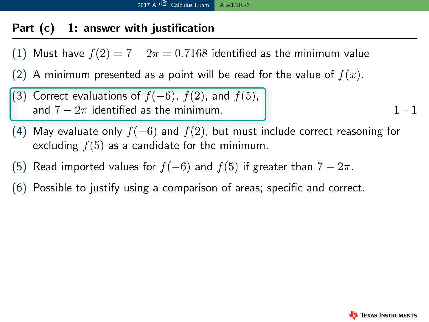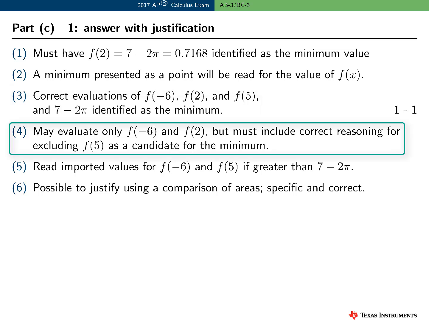A minimal way to earn both points in this part is to correctly evaluate f of -6, f of 2, and f of 5, and identify 7 minus 2 pi as the minimum value. The student may show evaluations for only f of -6 and f of 2, but they have to include a good reason for excluding f of 5 as a candidate for the absolute minimum.